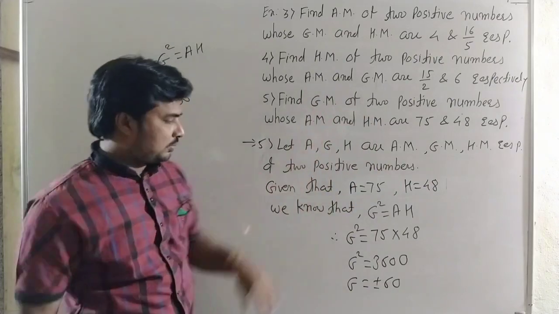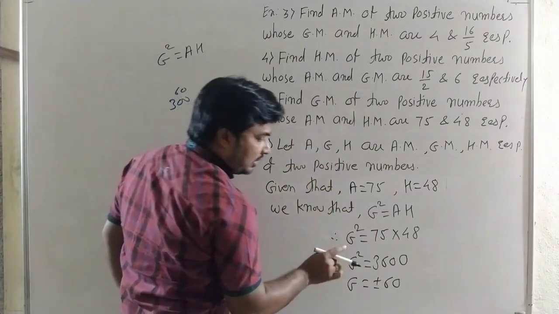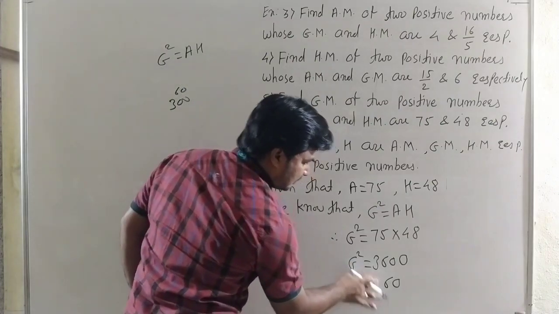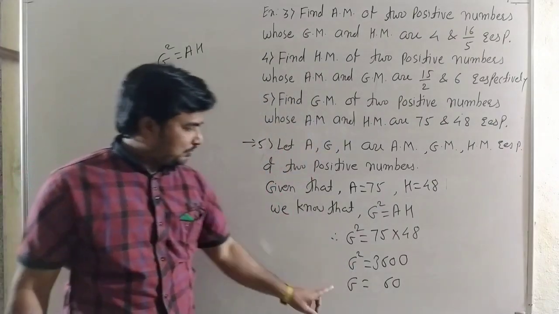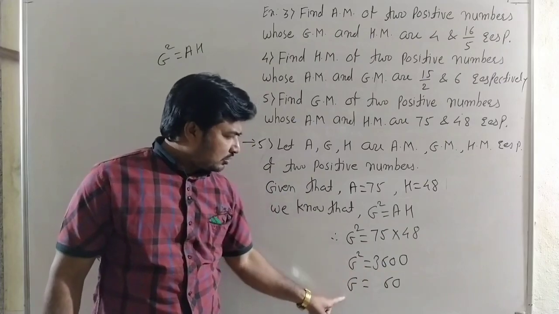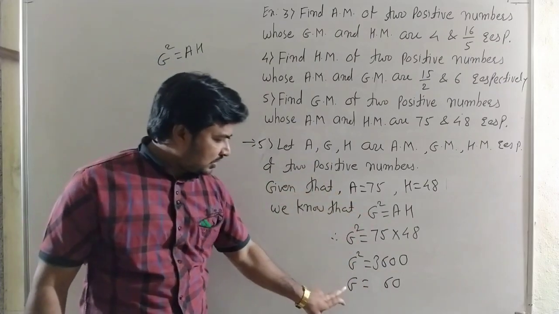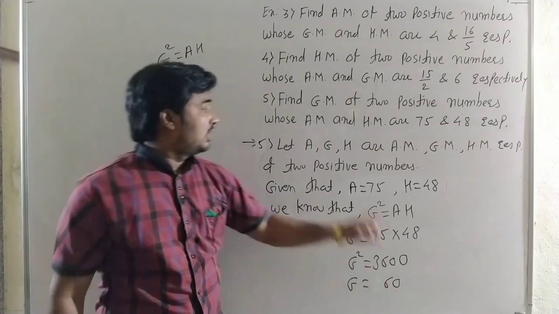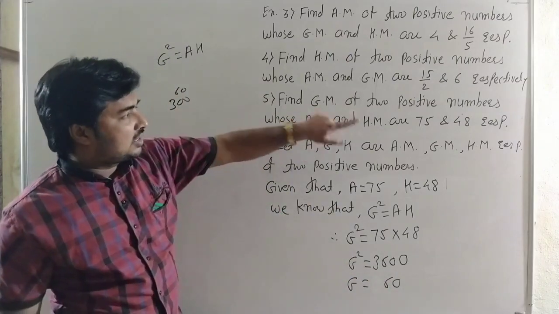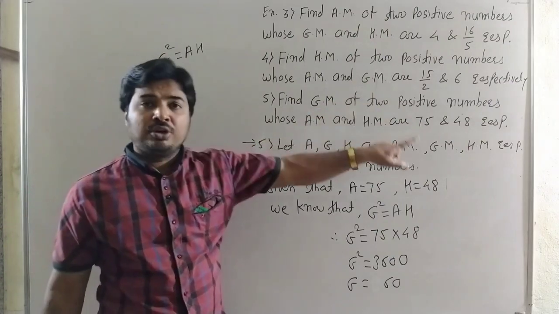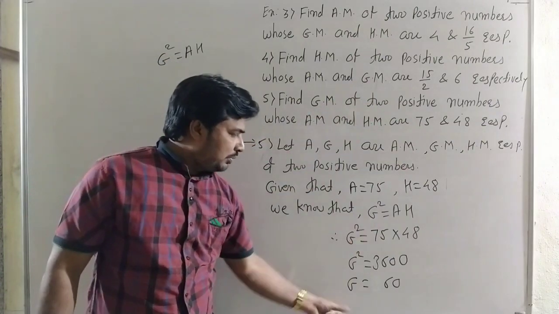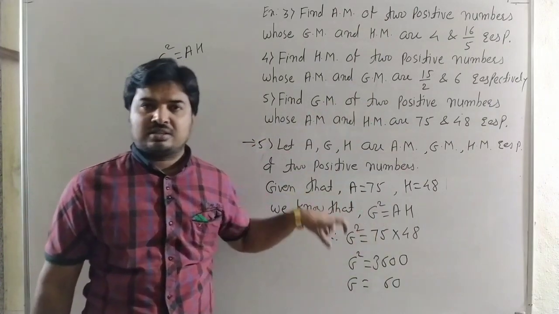Geometric mean of the positive numbers. Therefore here we take only the plus 60. Okay, therefore the geometric mean is 60. When we take the square root, it is plus or minus, but here we take only the positive value, that is G is equal to 60. When the arithmetic mean is 75 and harmonic mean is 48, then the geometric mean is 60 and it is the last answer.